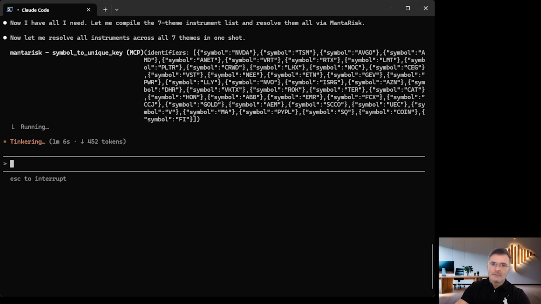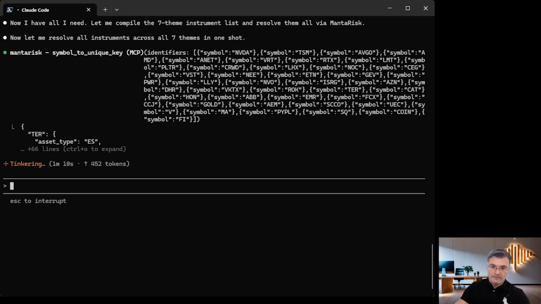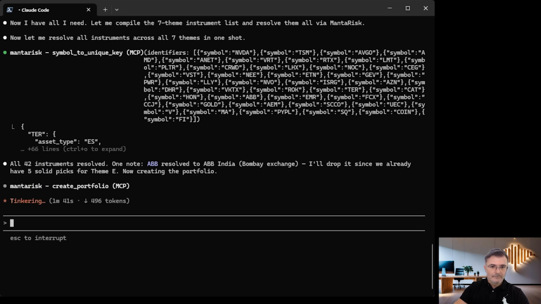It's a bit like a human and a calculator. The LLM is the human, and the calculator is, in this case, us, MantaRisk, because the math is already complex enough to do with code, let alone for an LLM.